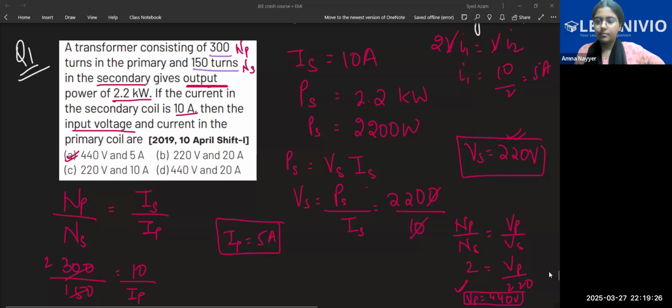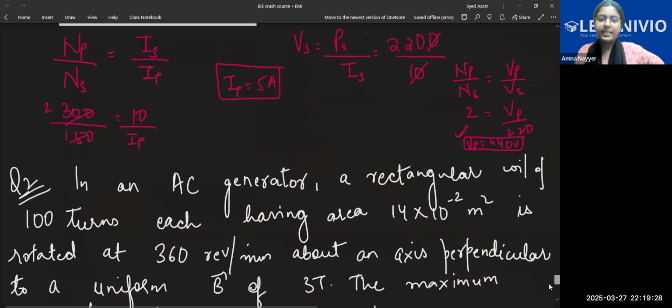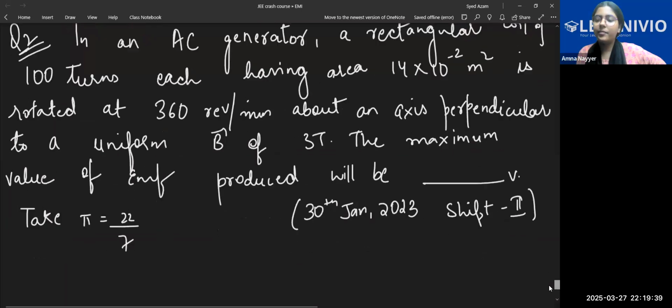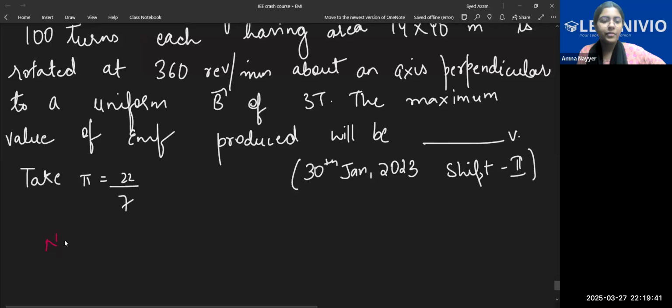Yes, ma'am. Let's see a question from AC generator. This says in an AC generator, a rectangular coil of 100 turns, N is given as 100, each of area 14 into 10 to the power minus 2 meter square, is rotated at 360 revolutions per minute.